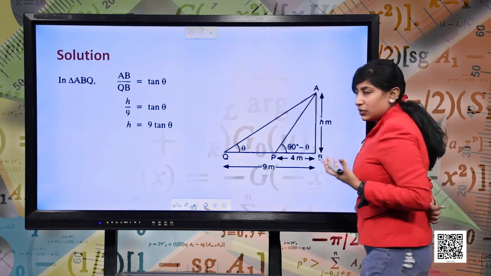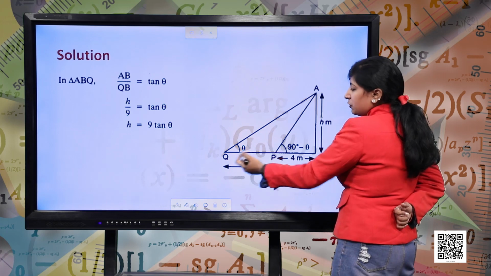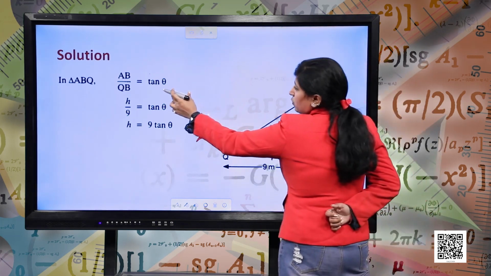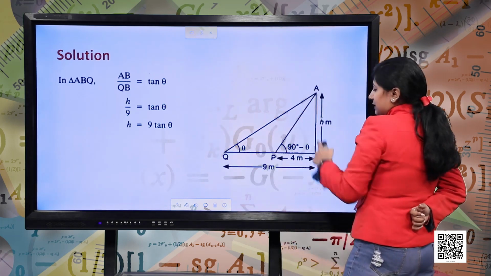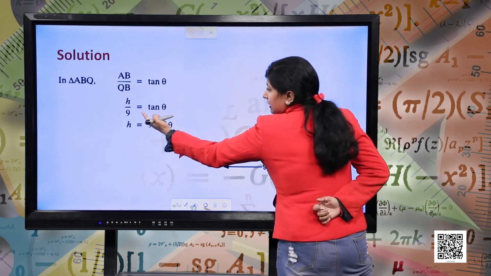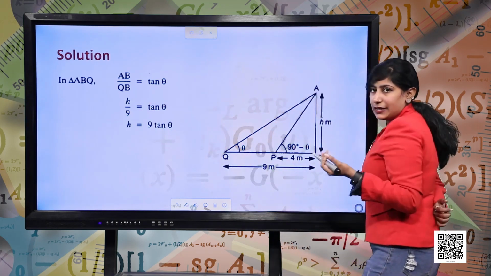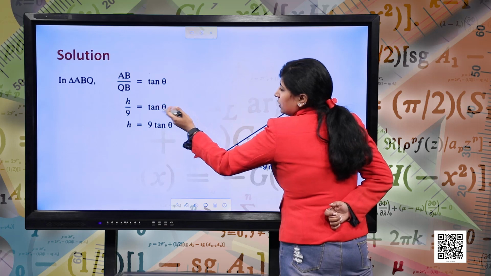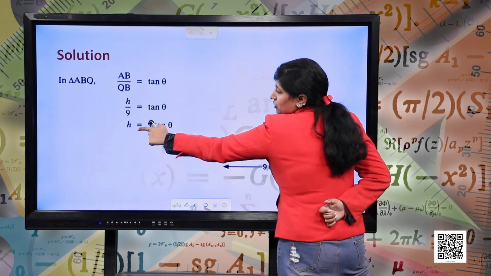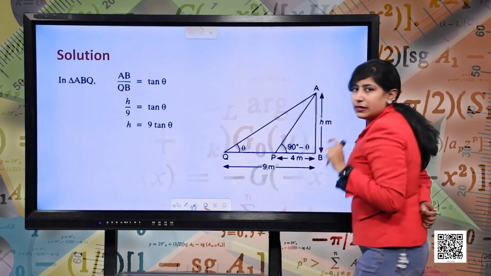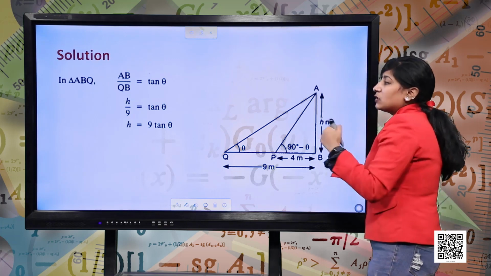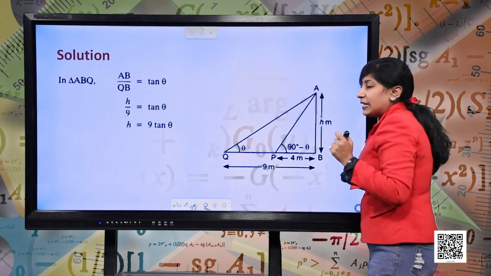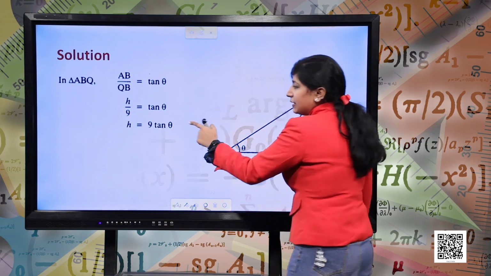AB is the perpendicular and QB or BQ is the base. So it is equal to tan theta. Now this is h, and this is 9 QB. So putting the values, we get h upon 9 equal to tan theta, which gets us h equal to 9 tan theta.